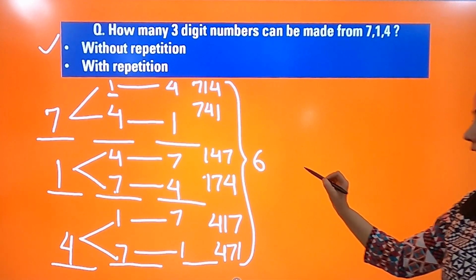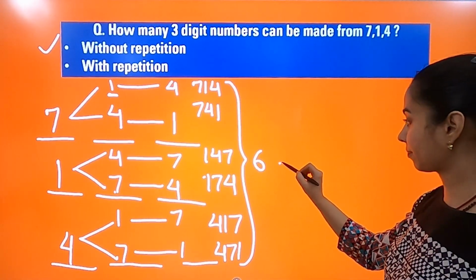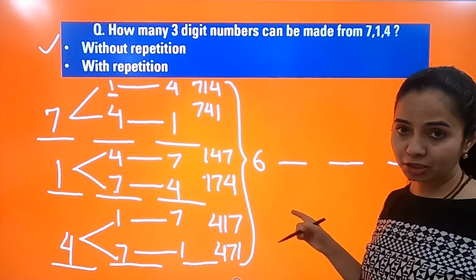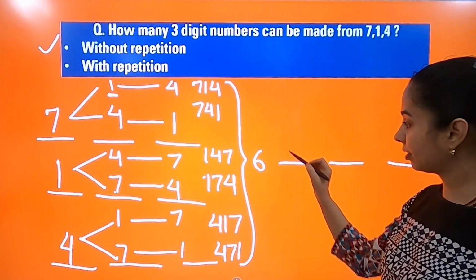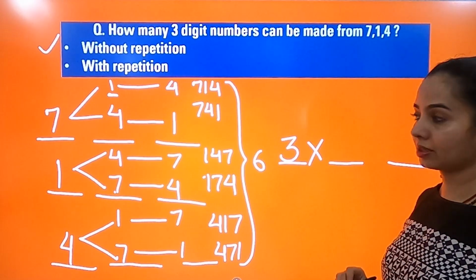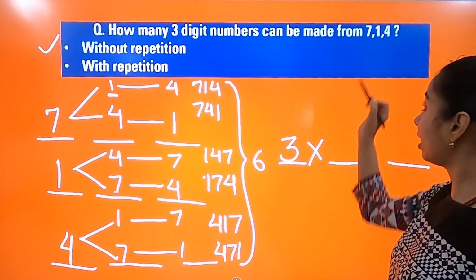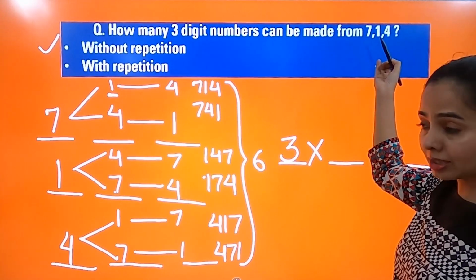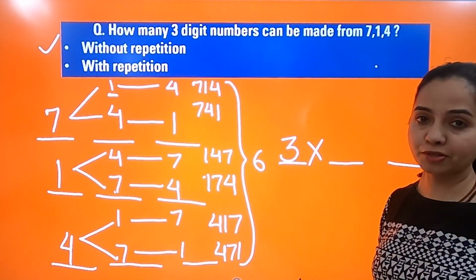Now we'll see how the formula will work for this. 1, 2, 3. For the first place, how many options do I have? I have 3 options. Since I have used any one of these 3 digits, I am left with just 2 options.